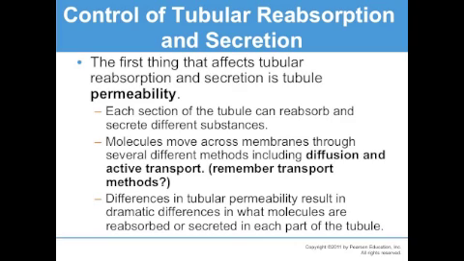Molecules move across the membranes through several different methods, including some of those methods that we've studied in previous chapters: diffusion and active transport. The differences in tubular permeability result in very different areas in which molecules can be reabsorbed or secreted in each part of the tubule.